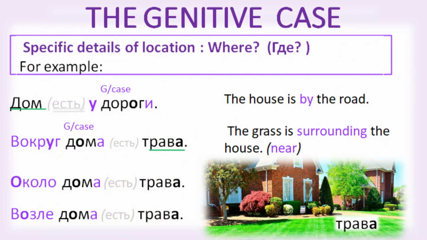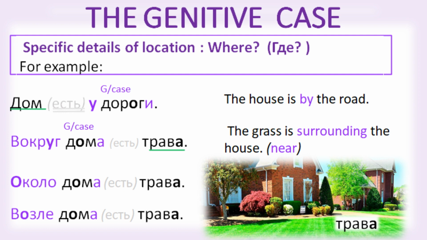Here are some more examples. Дом у дороги. The house is by the road. Вокруг дома трава. The grass is surrounding the house.